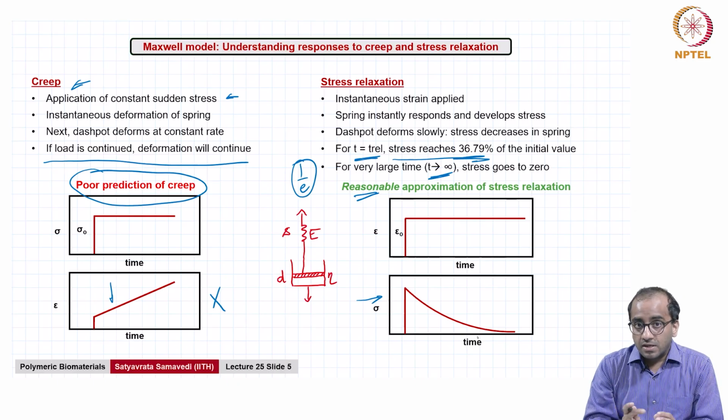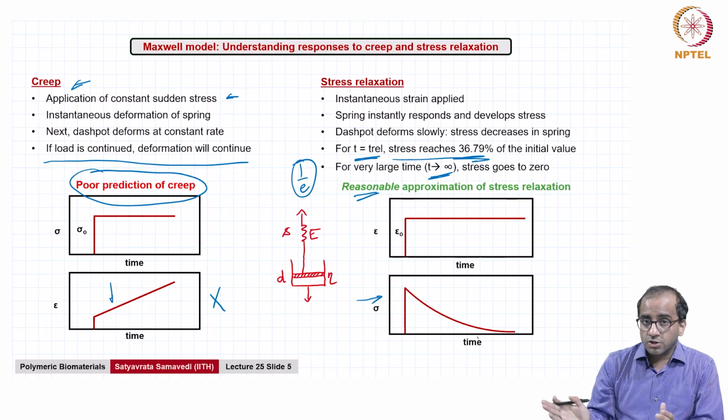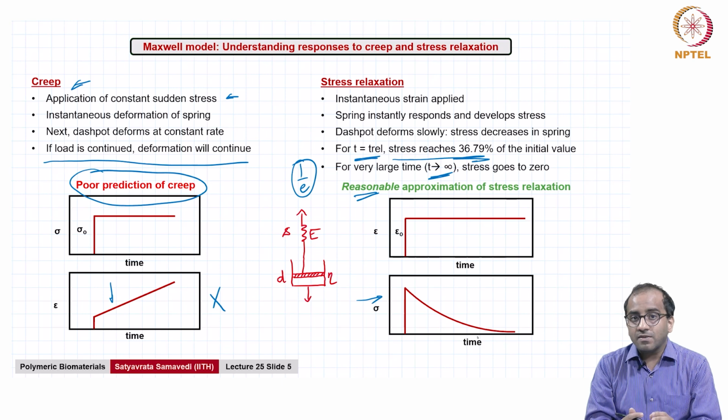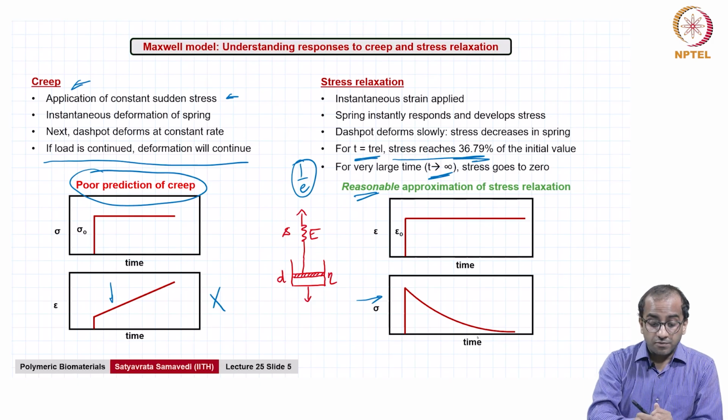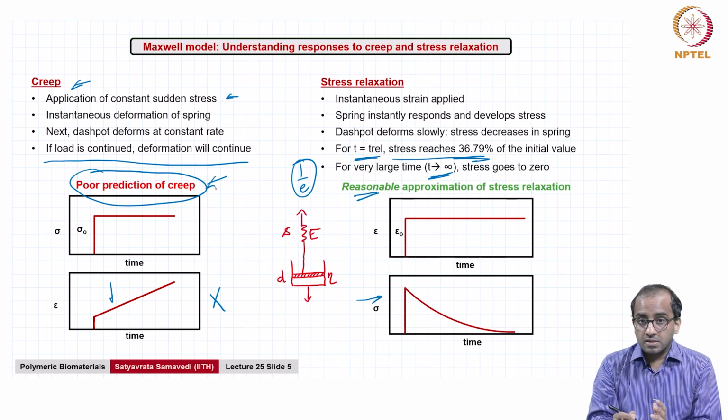While that could be true for some polymeric materials, for other polymeric materials the stress may never actually fully go to 0. You may end up having residual stress. But nevertheless, this is still a very good starting point for us to understand, at least qualitatively, that the Maxwell model, while it is a lousy predictor for creep, is a reasonably good qualitative predictor for stress relaxation.